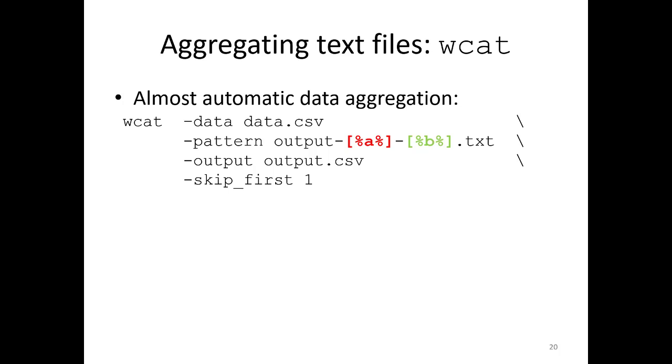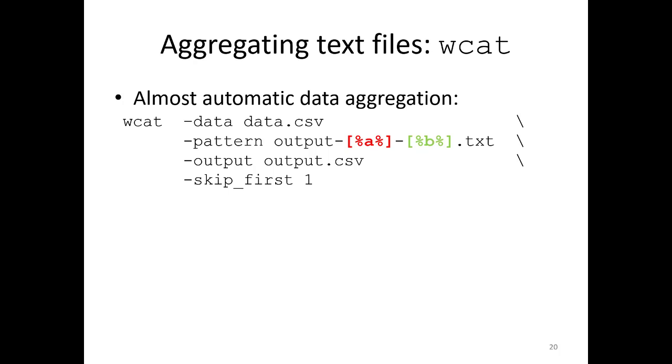So in this case it says output-, and then in red here, the first square bracket thing is the value of a, and then again a dash, and then the second pair of square brackets, that is the value of b in green here, and .txt. And the final output file, so the aggregated data, is going to be in output.csv.